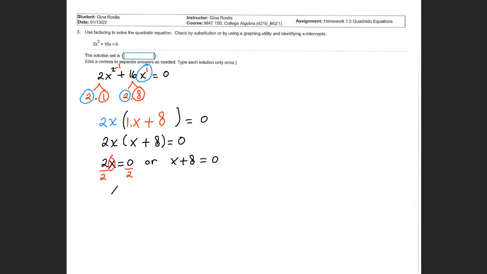The answer is x equal 0 over 2 is 0. Now go to the next one. x plus 8 equals 0. Move to the right side, become negative. So the answer becomes x equal -8. After that, we check. This is your job to continue. Now I will go to number 4.